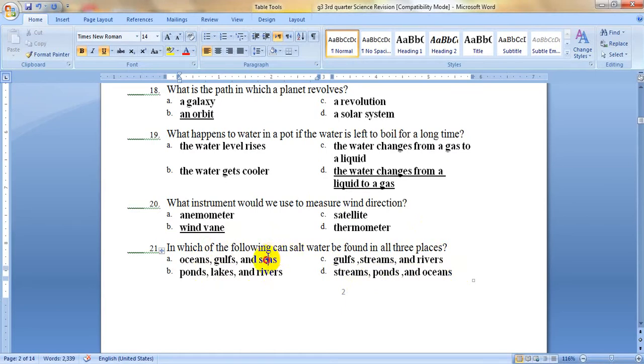Of course, it's letter A, oceans, gulfs, and seas, because here we have 3 sources of fresh water. Here we have streams and rivers have fresh water, and letter D, streams and ponds also have fresh water. So the answer is letter A, oceans, gulfs, and seas.